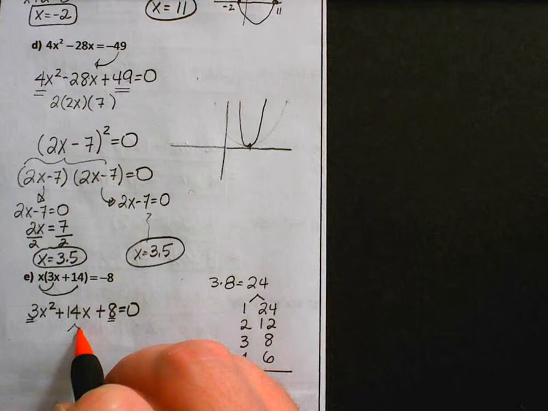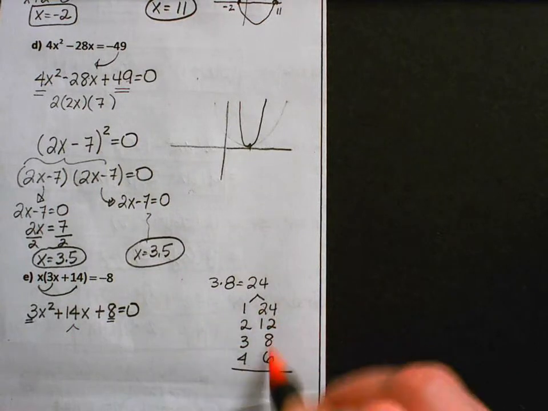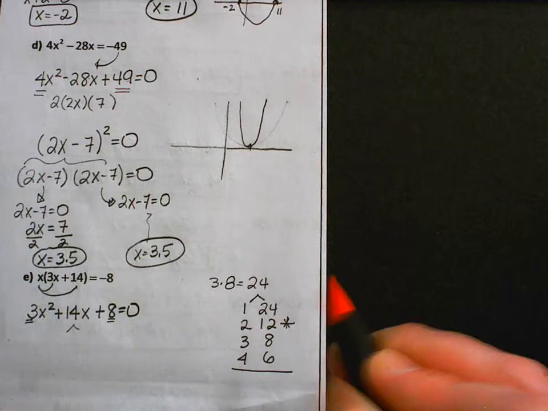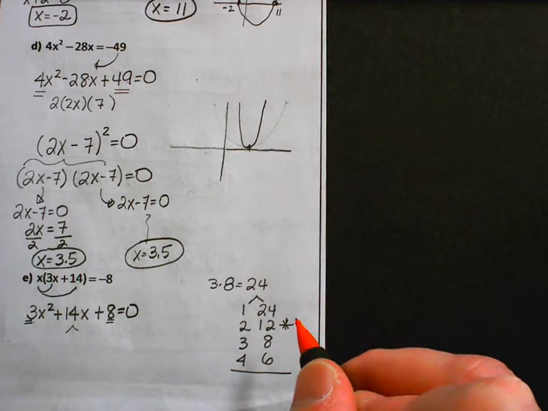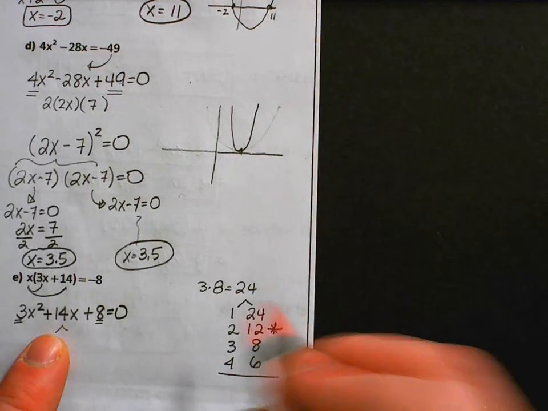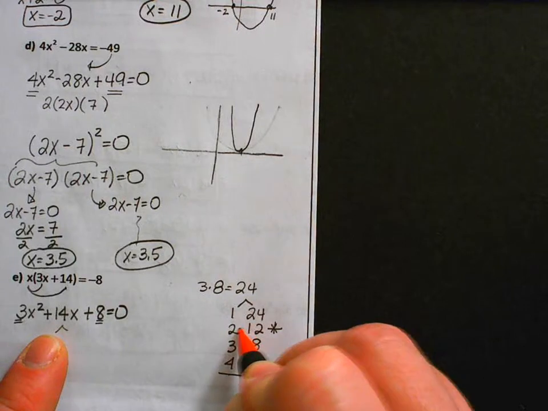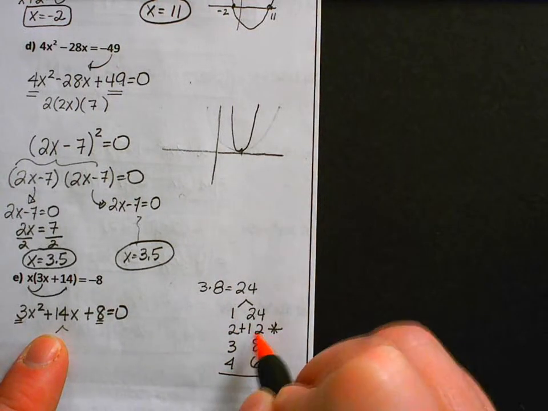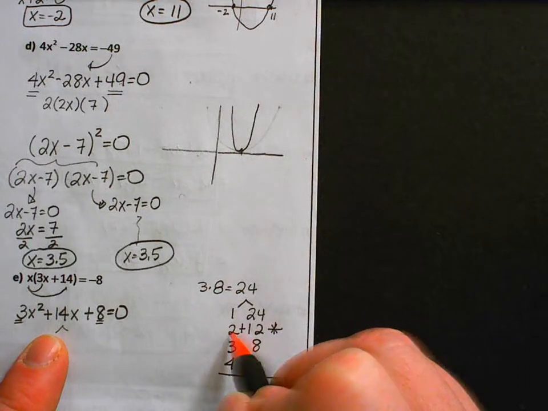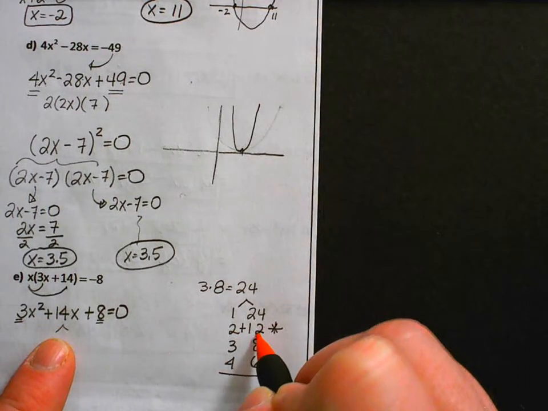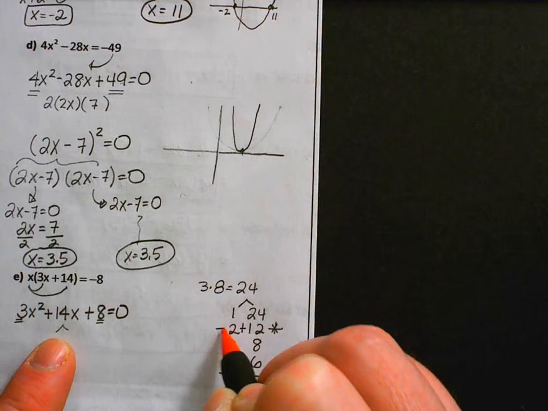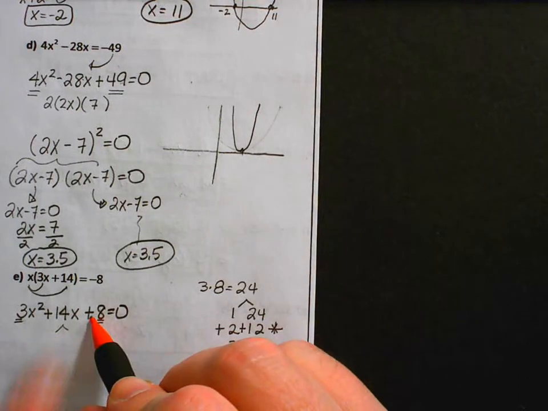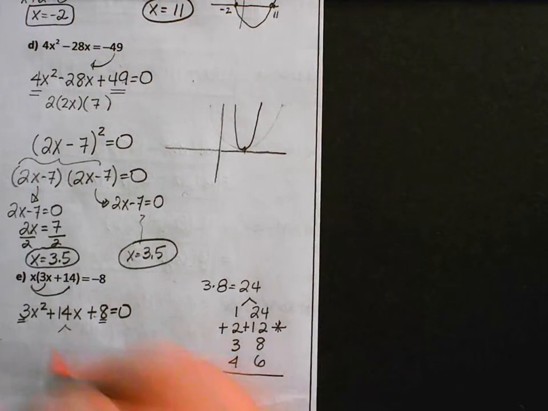Which one of these pairs will give me a 14? The only one that gives me a 14 would be 2 and 12. Now 14 is positive, so the sign of the biggest has to be positive. And if I have positive 12 and want 14, the 2 has to be positive. And a positive gives me a positive. So we're in good shape here.